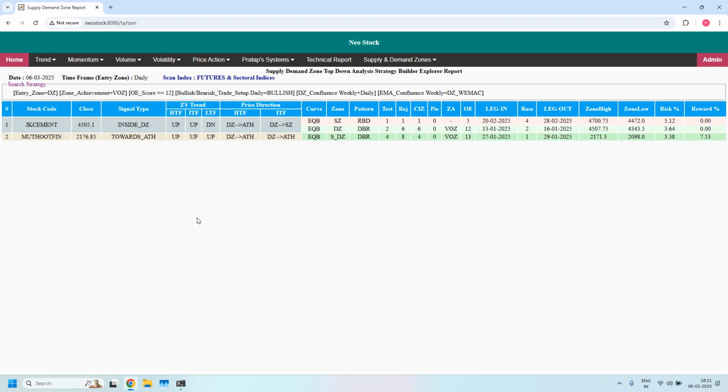Inside the weekly demand zone, the daily demand zone is there. That is overlapped. So these 2 stocks might have even more probability of success. Maybe that is the reason why Muthoot Finance has already tested 4 times and had 8 rejections from the zone.